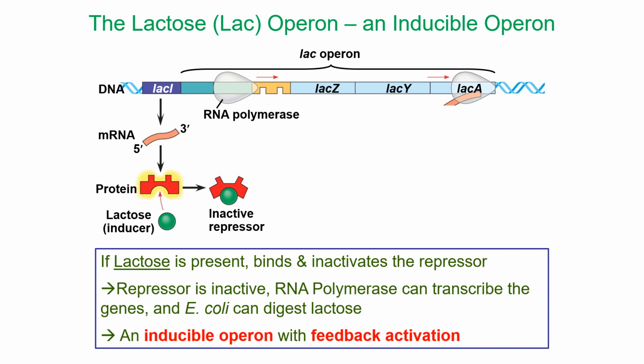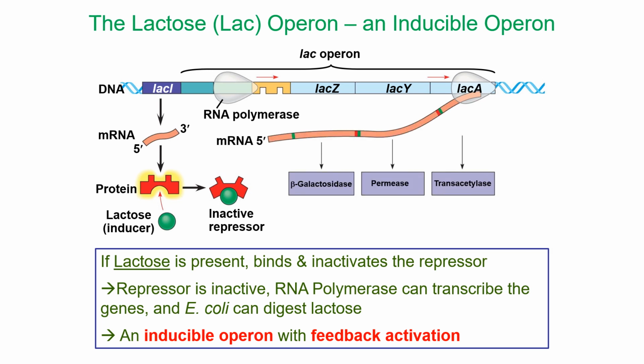Normally if there's no lactose, that repressor protein is bound to the promoter. But if there is lactose, lactose binds to that regulatory protein that's already bound, and it causes it to fall off, and it allows RNA polymerase to move down and transcribe all of those genes.